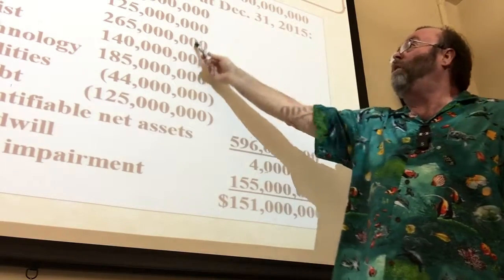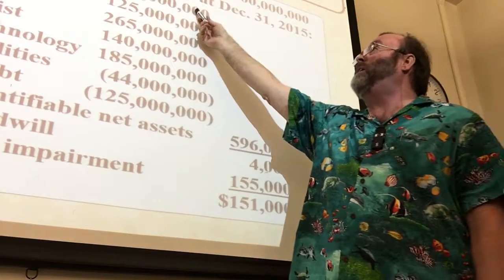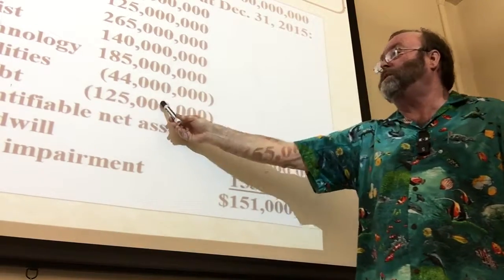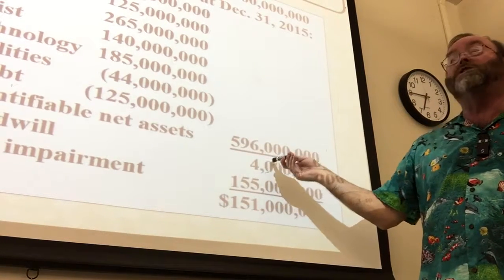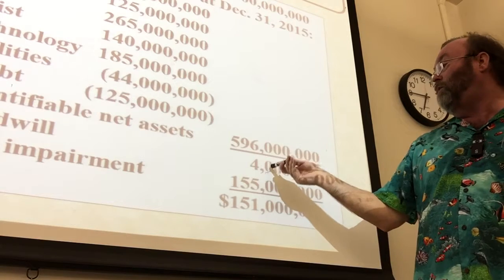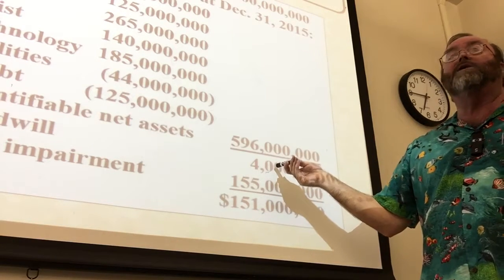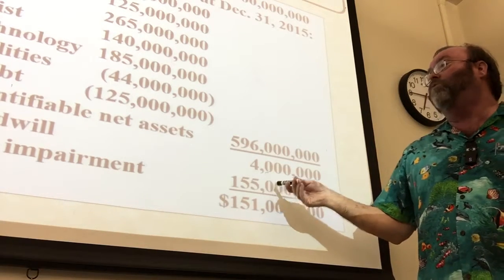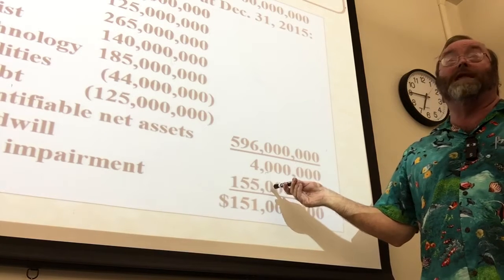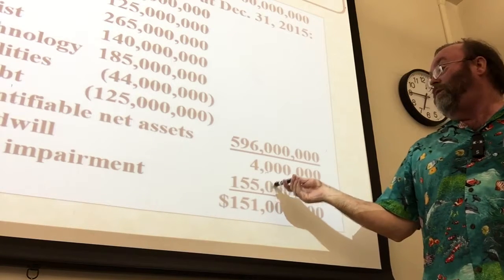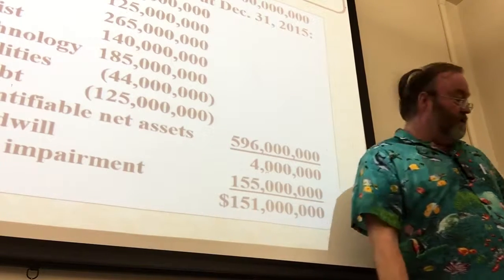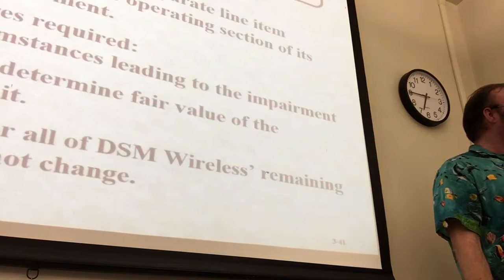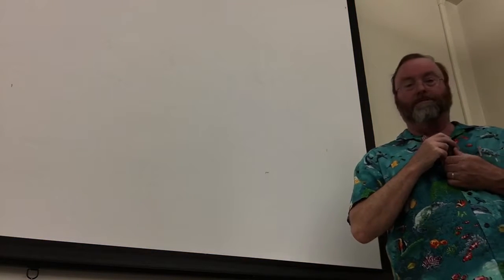They go through an allocation of the specifically identified assets and liabilities, and they come up with $956, which would have resulted in a value of $4,000 or $4 million in goodwill, but they have goodwill on the books when they first made the acquisition of $155,000. So they take an impairment loss of $151 million. Okay. Keep your fingers crossed.